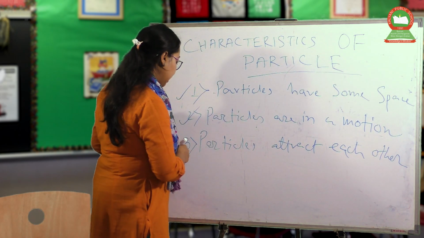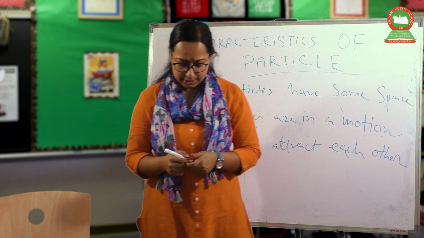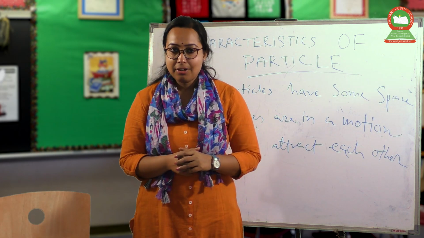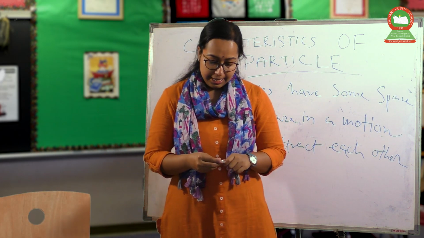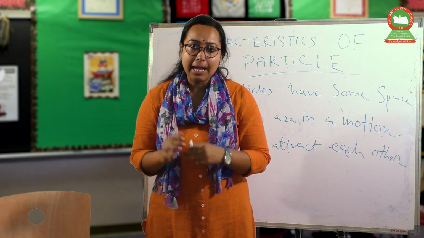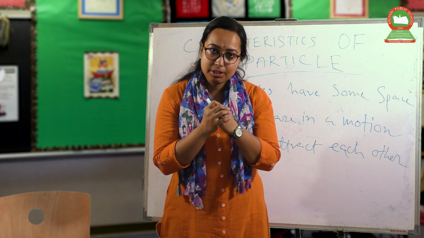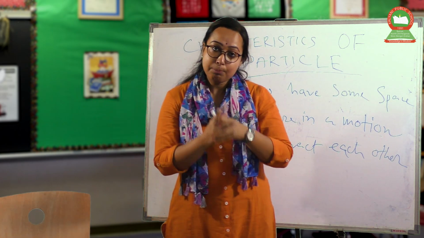Now the third and the last one, another most important, particles attract each other. This is so funny, na? So particles attract each other. So again, this is a chalk particle. If we break this, something we have to break means the things are in an attracted position, all the particles are in an attractive position.